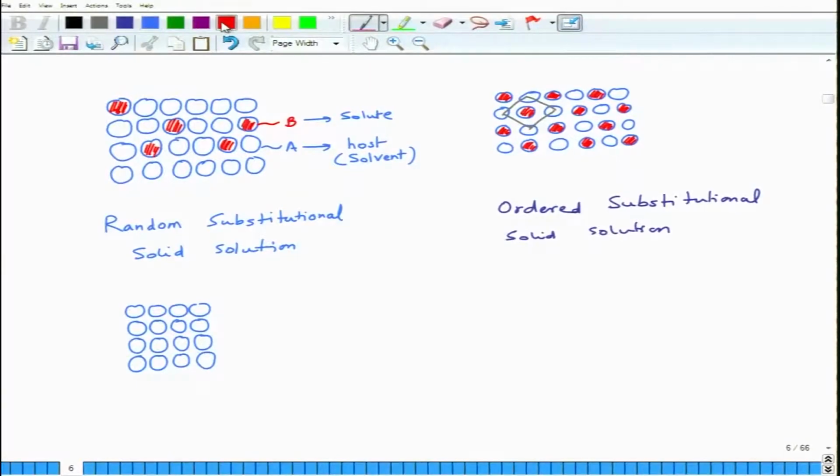Your interstitial atom may go here, for example, somewhere randomly. So, these are your interstitial sites. Now, interstitial sites in reality may lead to distortion. The atom may be slightly smaller or slightly bigger than the interstitial site, so it may create tensile or compressive stresses depending upon what size it has.